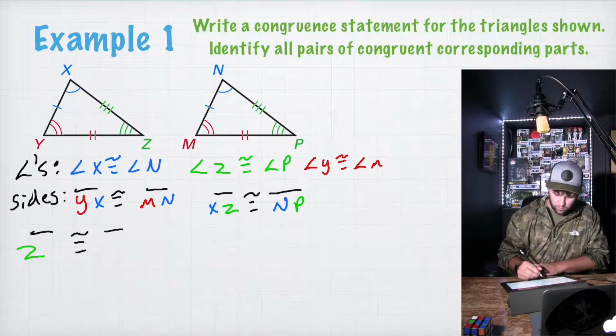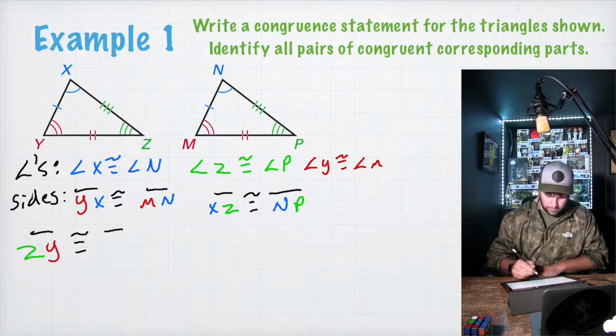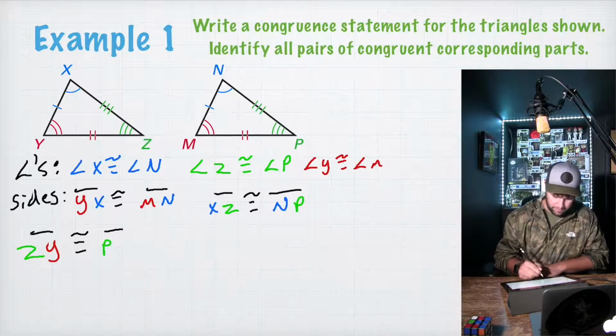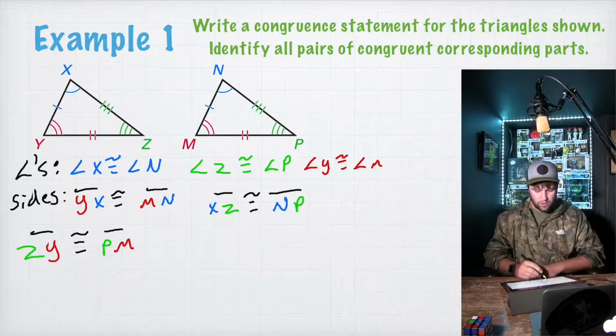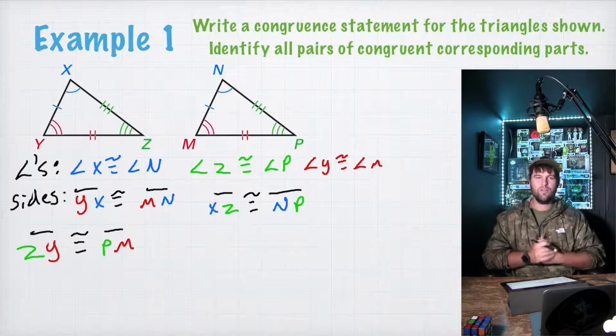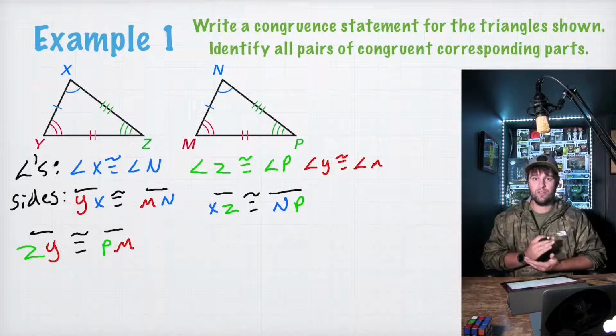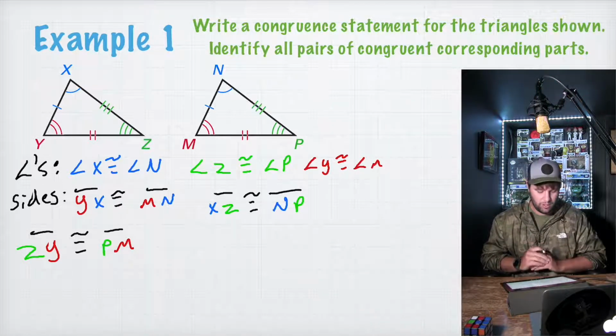ZY is congruent to PM. And notice that all our colors are in the same order, okay? That's what you're looking for. You're looking for making sure when you're writing congruent corresponding parts that you're listing them in the same order, okay?